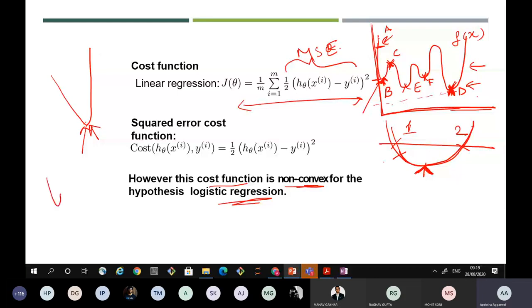But if I draw something like this, we have this local minima as well, and this as well. So this function is not convex because we have multiple minimums. So whenever we have only one minimum, this is called a convex function. So convex function is this one where we have only one minimum. So now it is clear?